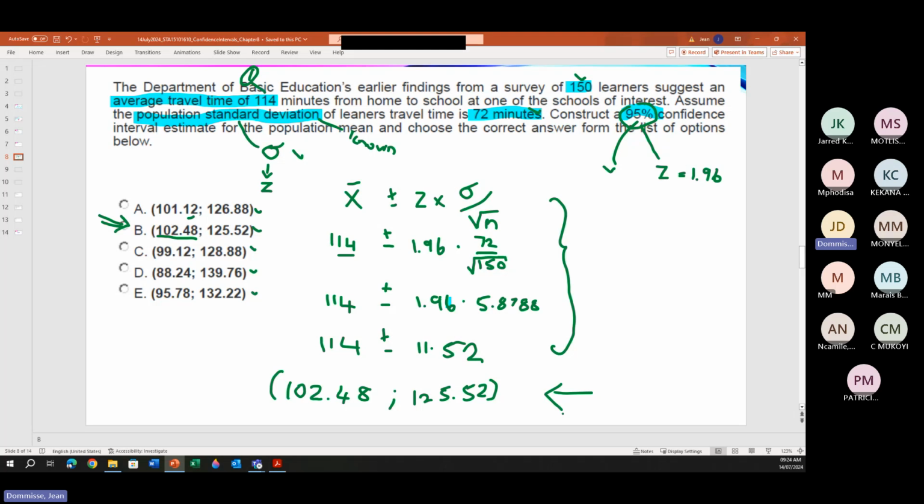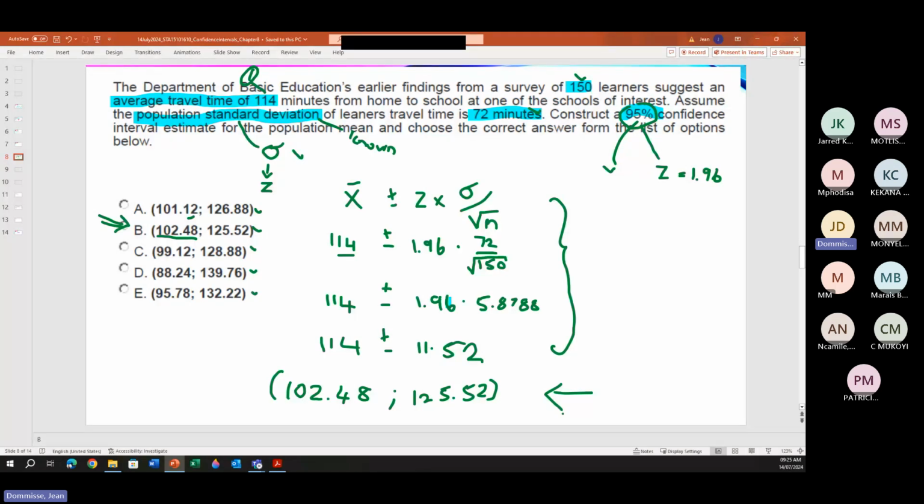Look at it, analyze it, check if you have a mean, check if you have a population standard deviation or a sample standard deviation. If it is population standard deviation, it is known. If it is sample standard deviation, it is unknown. Okay, so that is the difference.